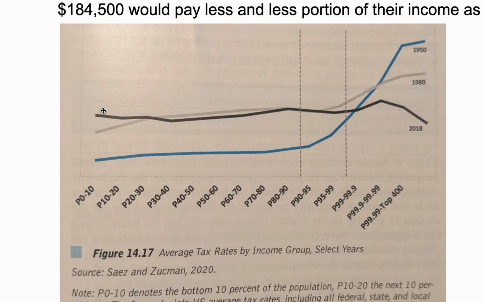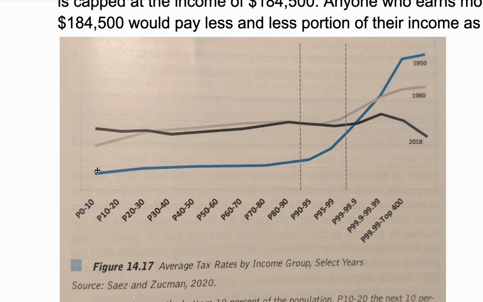The bottom 10% of the population in 2018 is paying almost the same portion of their income as taxes to the government as people who are middle class or quite rich. And actually, the billionaires or the top 1% or 5% or somewhere around that are paying a lower portion of their income as taxes. It is mainly because of payroll tax.